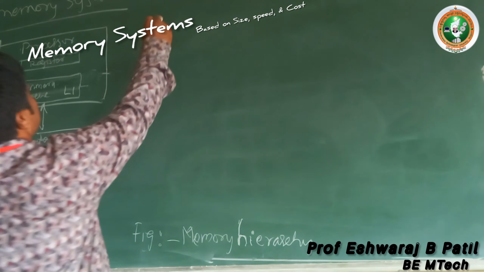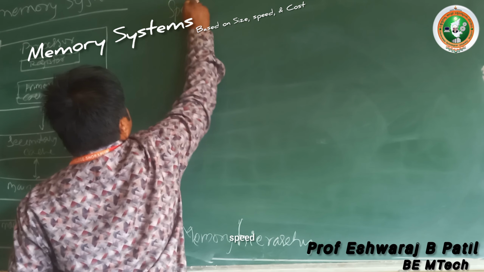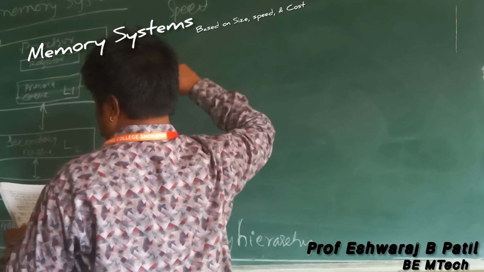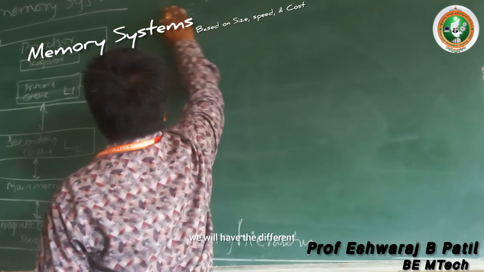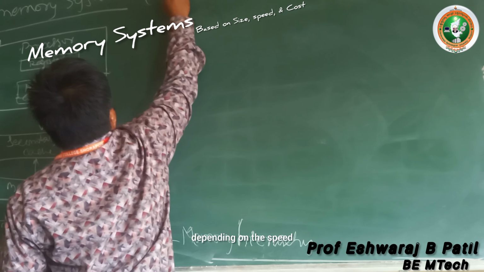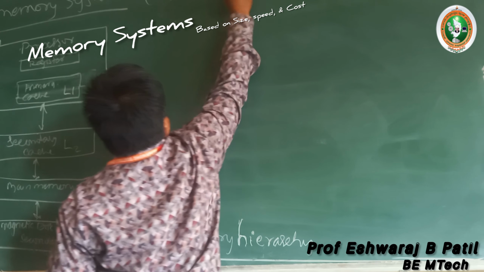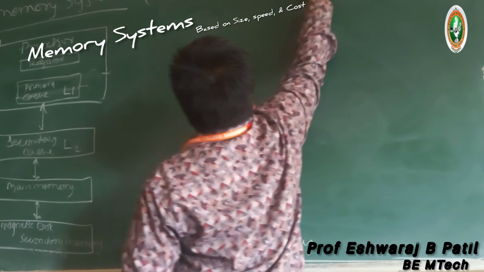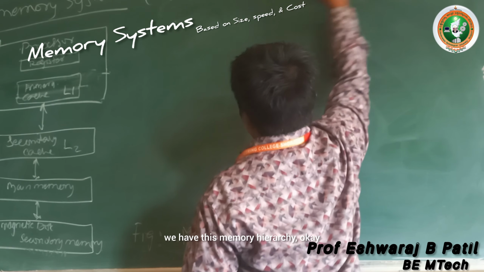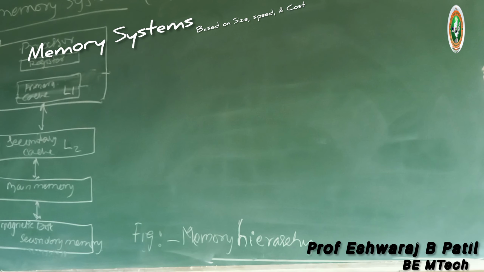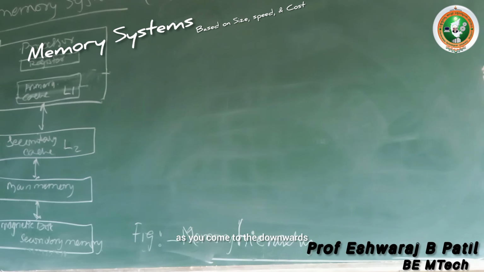Depending on the speed, size, and cost, we have this memory hierarchy. Just write it. As you come downwards, the size increases.